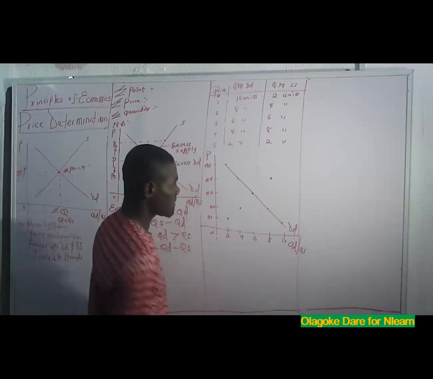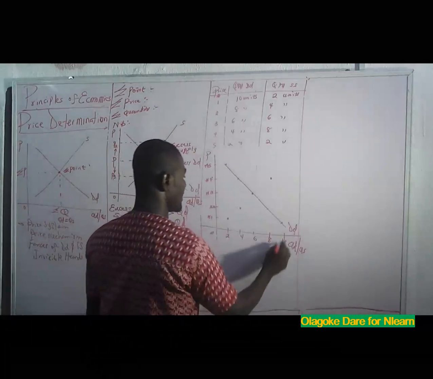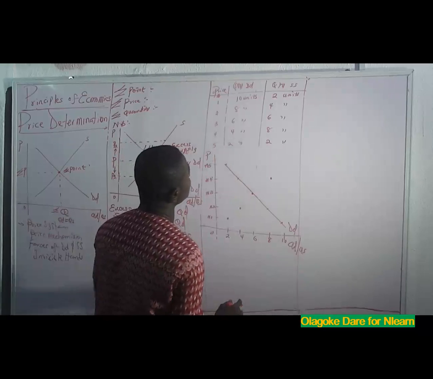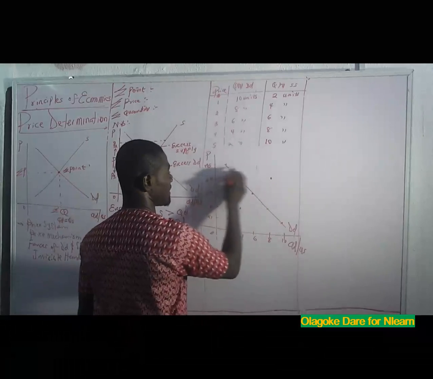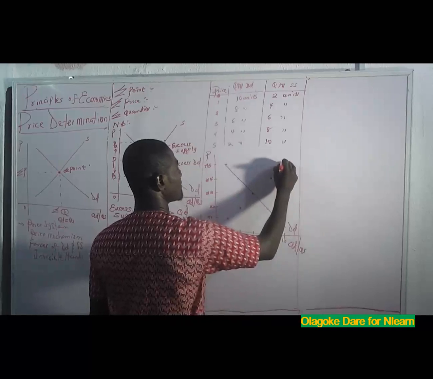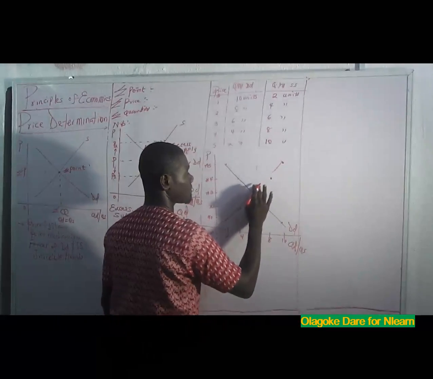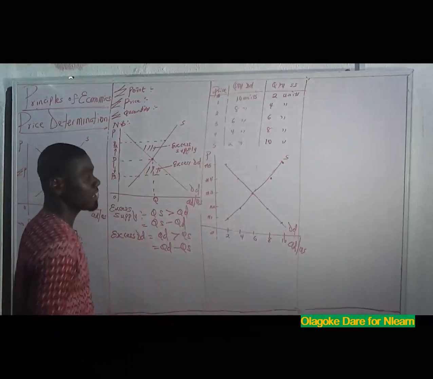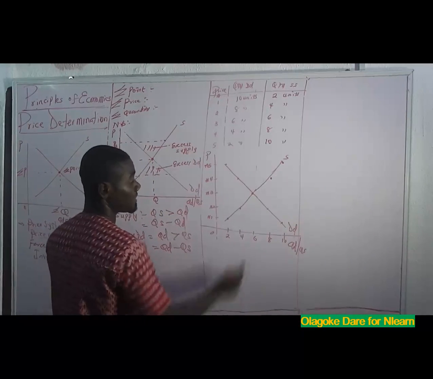Then at 5 naira, this should be 10 units. At 5 naira, I'm supplying 10 units. So my supply goes upward. Here's my supply.